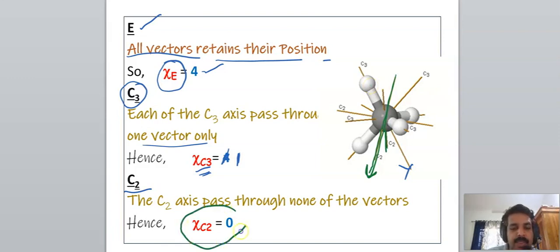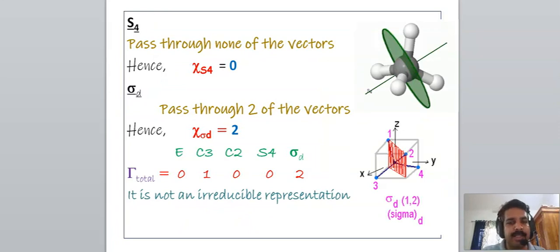Therefore, chi C2 is equal to 0. Next is S4. The S4 axis is collinear with the C2 axis, and this S4 axis also passes through none of the vectors. Therefore again chi is equal to 0.